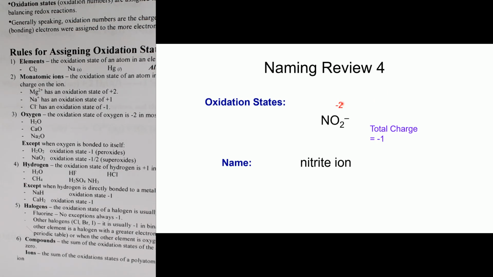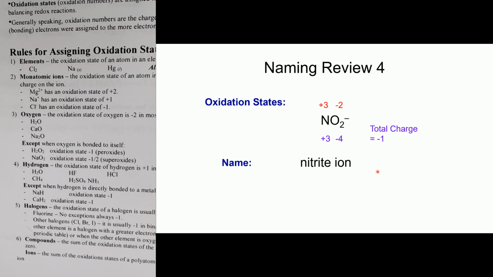So we'll have -2. -2 times 2 is -4. So some number plus -4 gives us -1. Well, that has to be +3. So we'll put a +3 there. So +3 and -4 gives us -1. We'll take that +3 and divide by the 1 nitrogen to give us a +3. So our oxidation state of nitrogen in nitrite is +3.